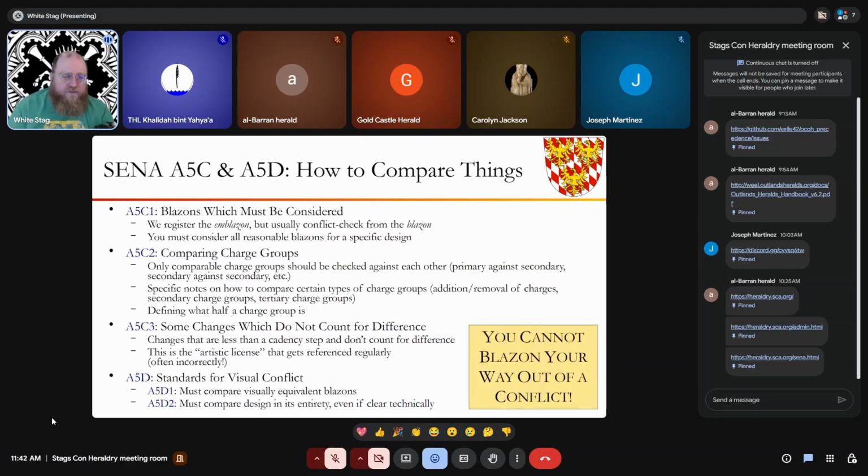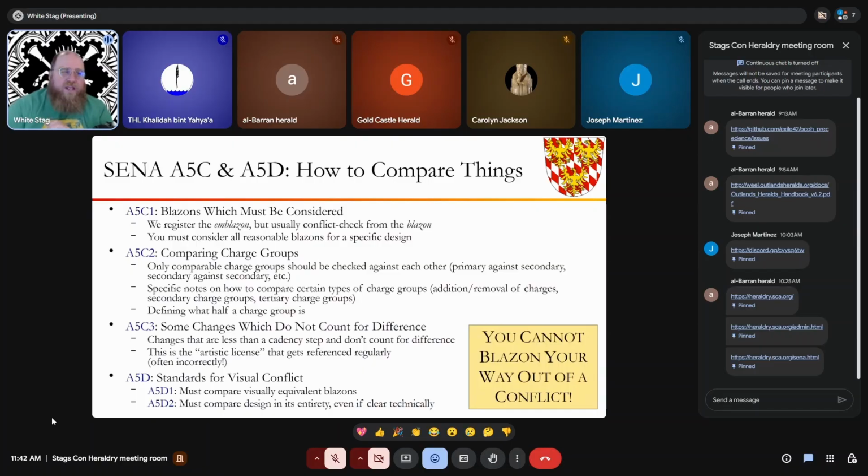There are also specific notes about how to compare them. So how addition and removal of charges counts, specifically when you count the addition and removal of charges, like when is it one charge group versus two separate charge groups, for example. And there are some rules about how to compare secondary and how to compare tertiary charge groups.